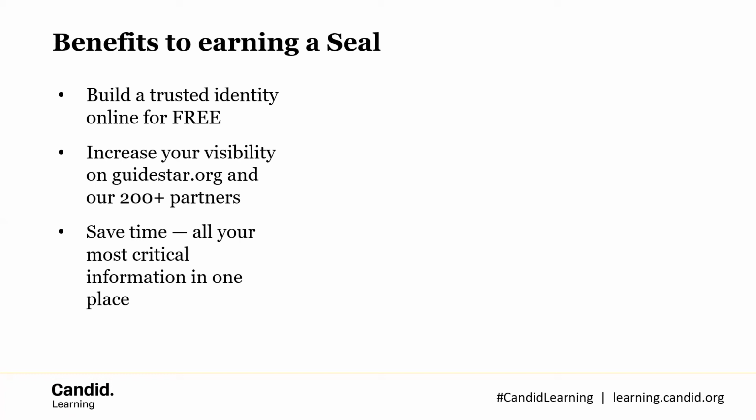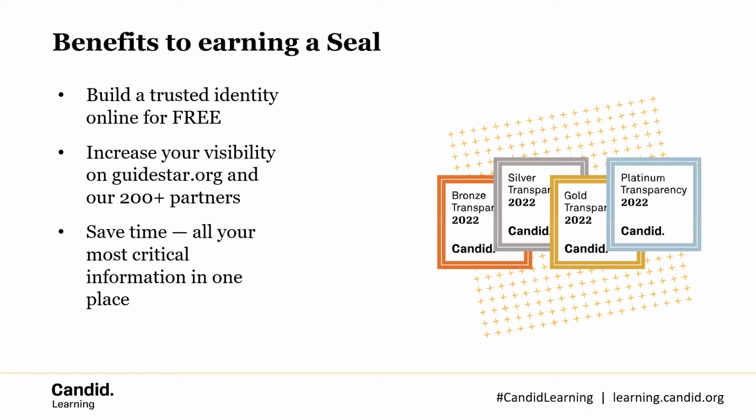All right, so talking a lot about these seals, let's run through their benefits quickly. Benefits of earning a seal include creating or enhancing your online identity for free, and that's huge. If someone searches your organization on Google, your website might come up if you have one, but more than likely your Candid profile is showing up as well.